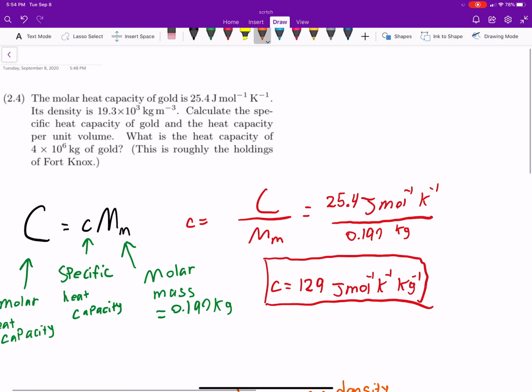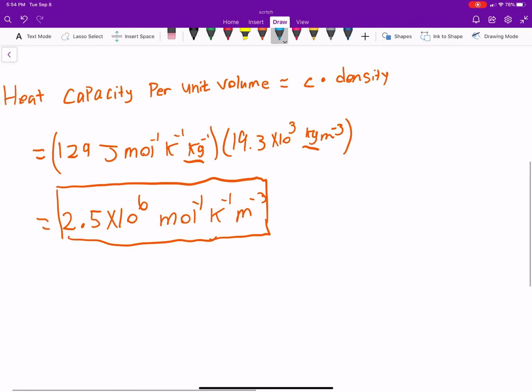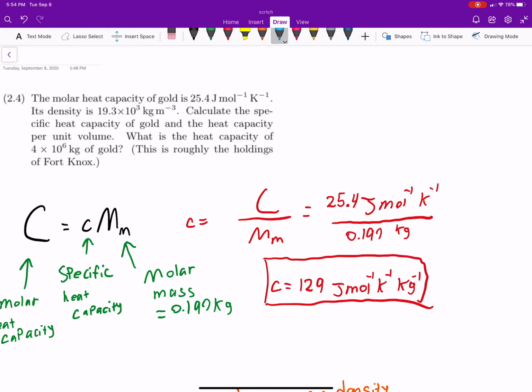And then C just wants us to find the heat capacity of 4 times 10 to the 6 kilograms. Well, again, we're going to use our same equation as before. Big C, your heat capacity, is your specific heat capacity times the mass. In this case, we're not going to use molar mass, because the mass that we're interested in is this amount.